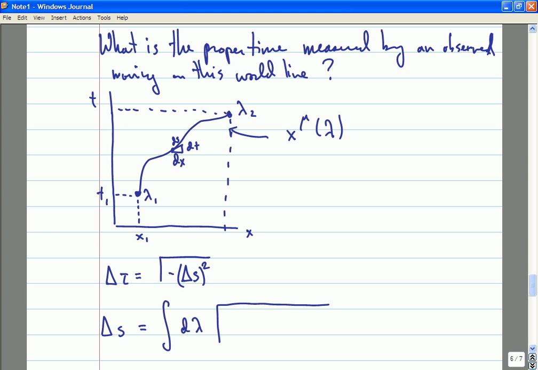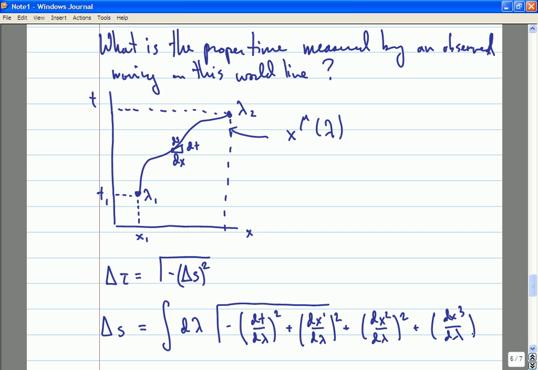So it'll be given by the integral of the square root of minus dt over d lambda squared plus dx1 over d lambda squared plus dx2 over d lambda squared plus dx3 over d lambda squared, integrated d lambda from lambda 1 up to lambda 2.